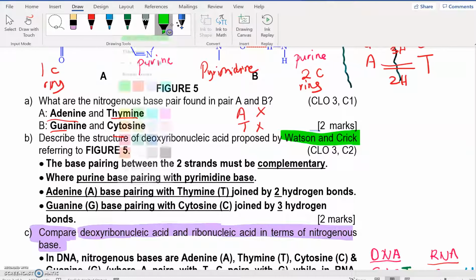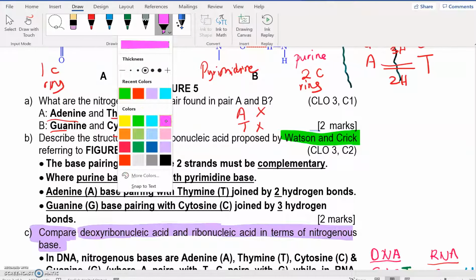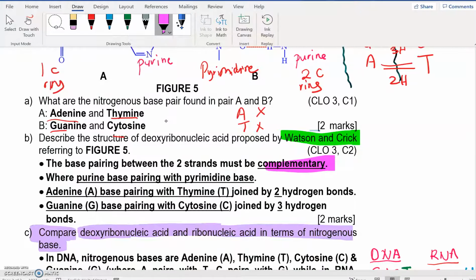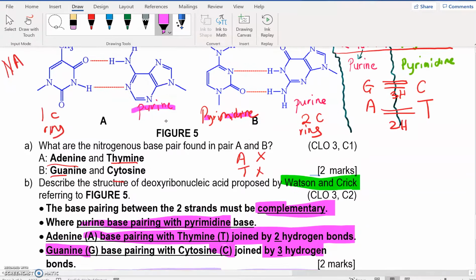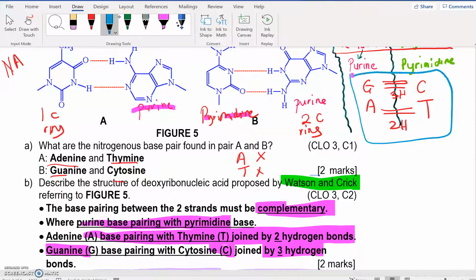Class, please make sure you are familiar with this term, complementary. Purine pairs with pyrimidine, like teacher showed. A pairs with T, joined with hydrogen bonds. G pairs with C with hydrogen bonds, like teacher showed just now in this diagram.